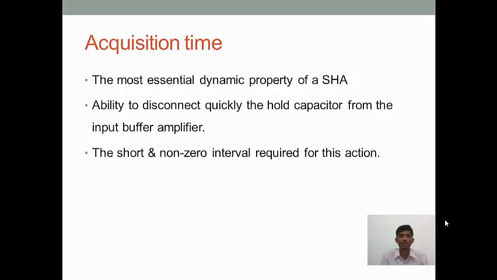How quickly the circuit can switch from sample mode to hold mode is defined by the acquisition time. The time taken for this transition from sample mode to hold mode, or hold mode to sample mode, is called the acquisition time. It is a very short time, but we cannot say it is zero. It is some non-zero short time interval.